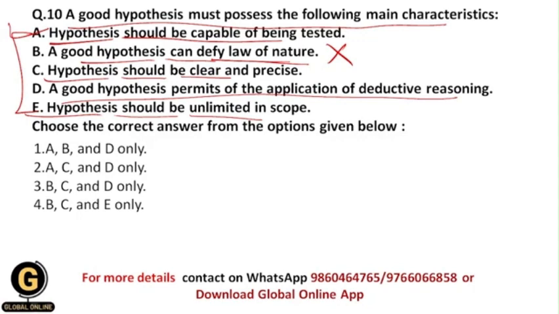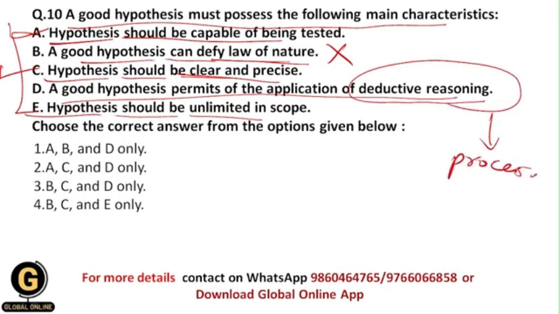All of you getting? And hypothesis should be clear and precise. Yes, this is again a main characteristic of a good hypothesis, because hypothesis should be clear and it should have clarity so that we can easily test it. Then hypothesis permits of the application of deductive reasoning. Deductive reasoning is the process, or you can say approach, of research.